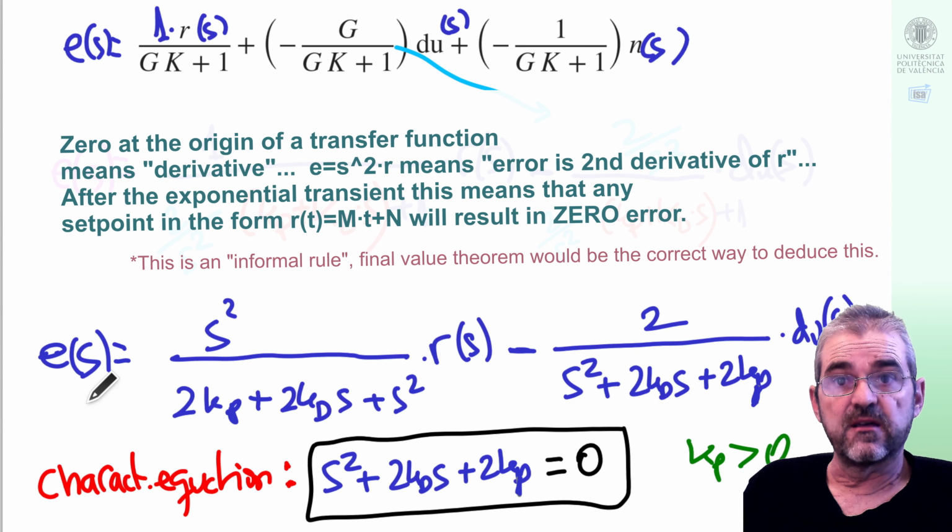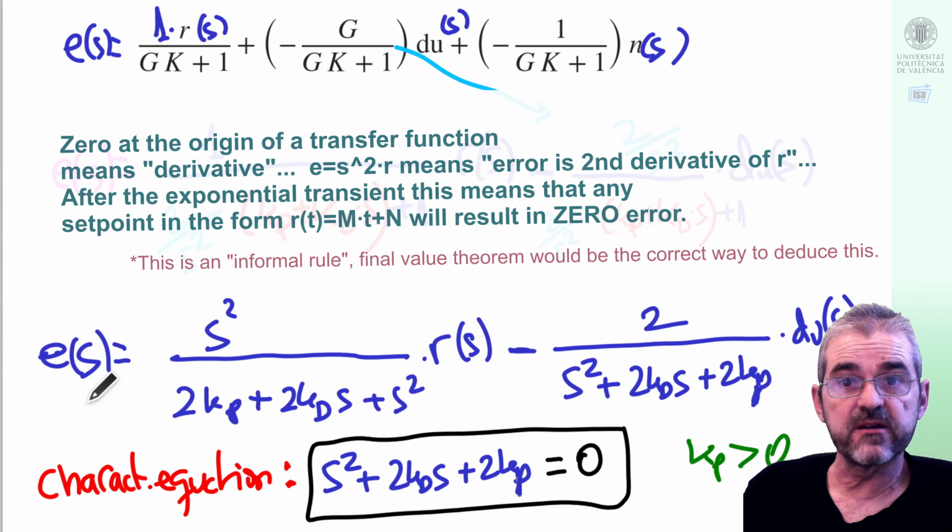So any constant or straight line in the set point will be, once the exponentials have ended, this double derivative of a straight line will be 0. So we can guarantee perfect step set point tracking as required.